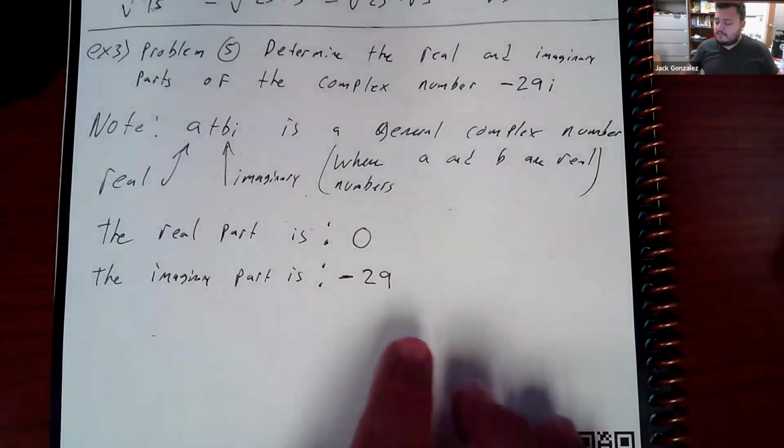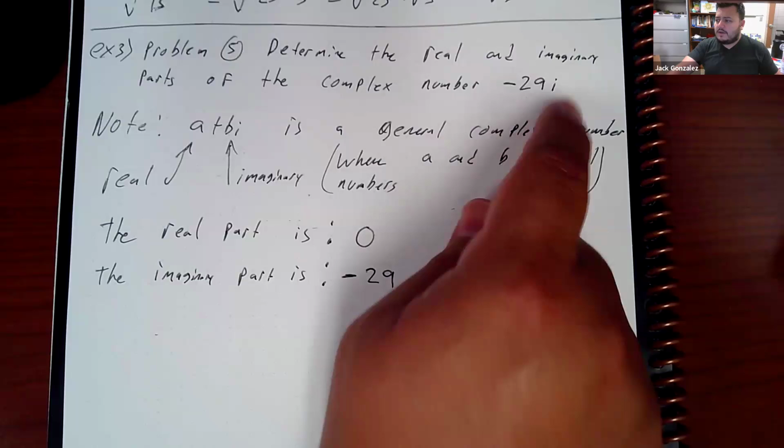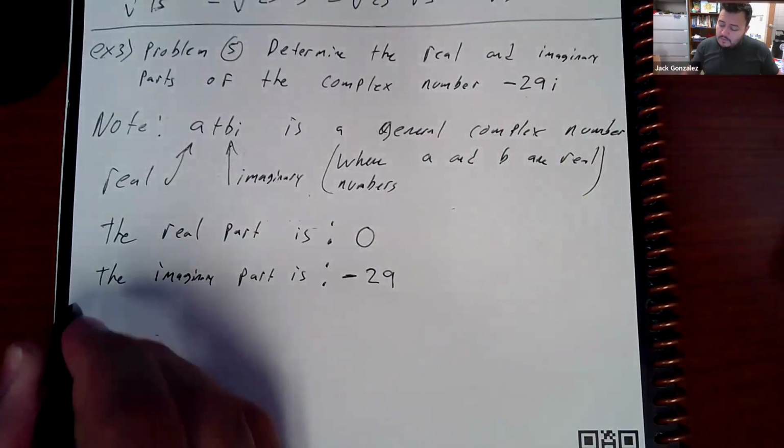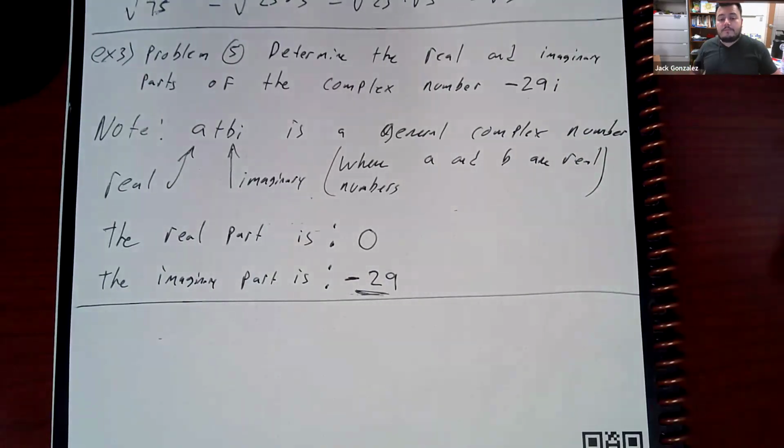On the test, I'd accept the number or this entire 29i is fine. On the homework, they only want this though. Any questions so far? You guys okay?